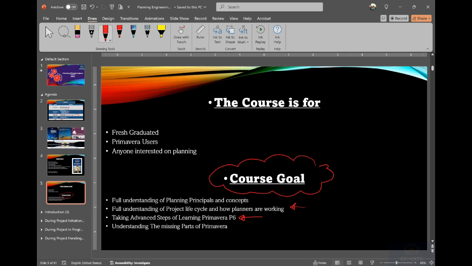Understanding the missing part of Primavera: if you are a Primavera user, part of your work is to understand the fundamentals and concepts of planning while you are learning Primavera. So if anyone discusses issues with you, like the longest path or the critical path, or what the meaning of the critical path is, you will understand what the meaning of total float equal zero is. You will have the knowledge to answer people in front of you if you are in a meeting.